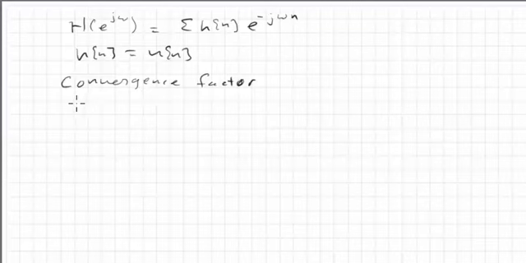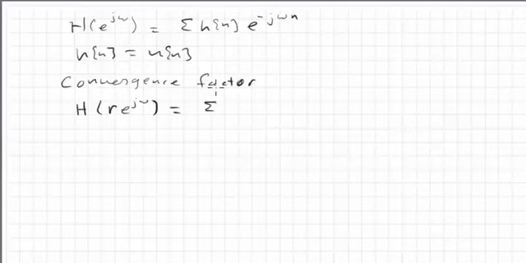And here's how it works. Instead of e to the j omega, we're going to plug in r e to the j omega. Originally r is 1, but now we're going to see what values of r make this frequency response converge.